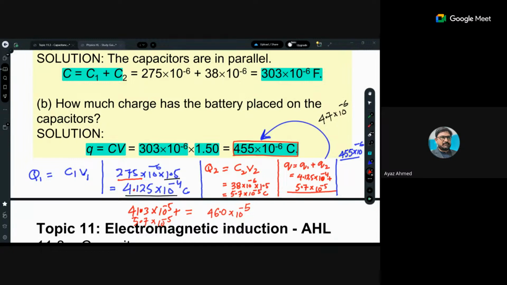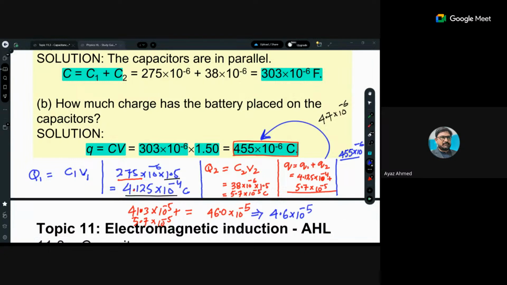No, we are getting the same answer. So it is 46.0 exponent minus 5, so that means 4.6 into 10 raised to the power minus 4. Wait.